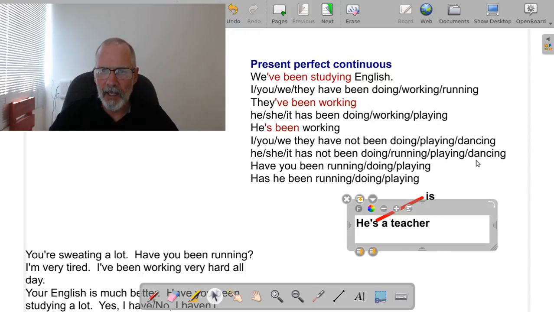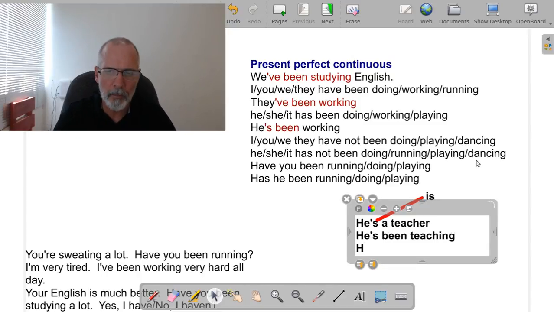But if we say, like we've got here, he's been teaching in the present perfect continuous, or even in the present perfect simple that we saw in the last class, he's taught English for a long time.